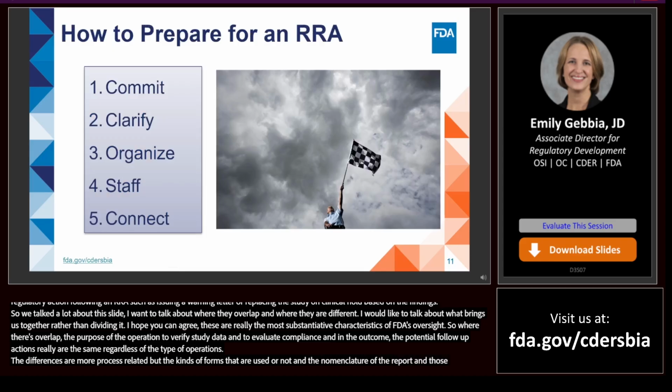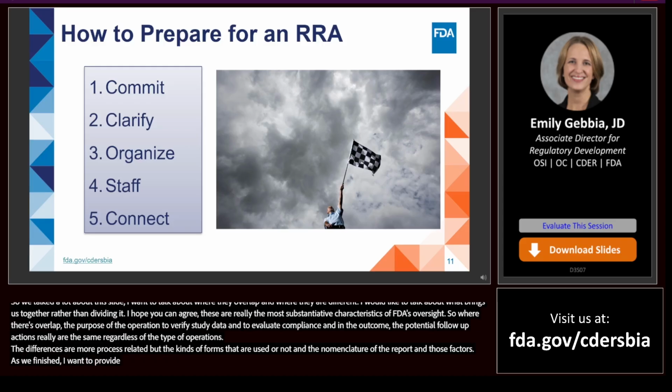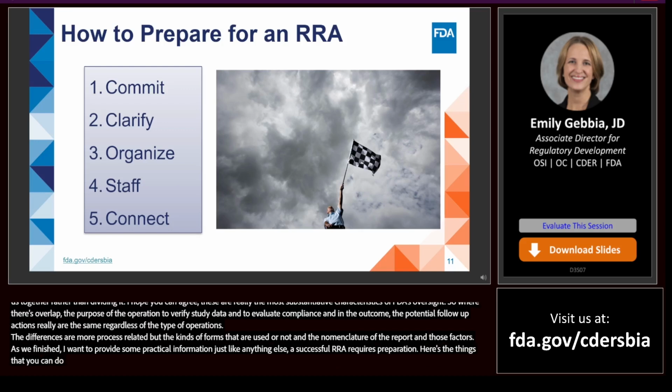As we finish here with RRAs, I just wanted to provide a little bit of practical information. Just like anything else, a successful RRA requires preparation. And here are some of the things that you can do if you're contacted by FDA to participate in an RRA to help make sure it's successful. The first is to commit the same level of importance and attention that you would for an inspection.